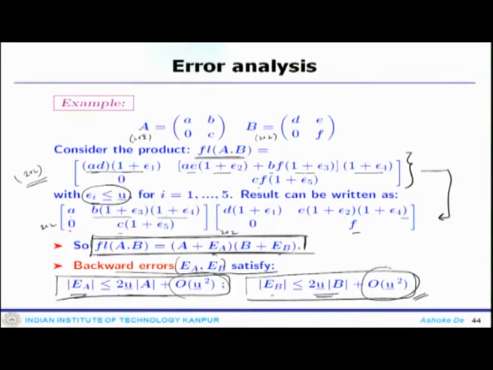So this is where we stopped with the forward and backward error calculation.